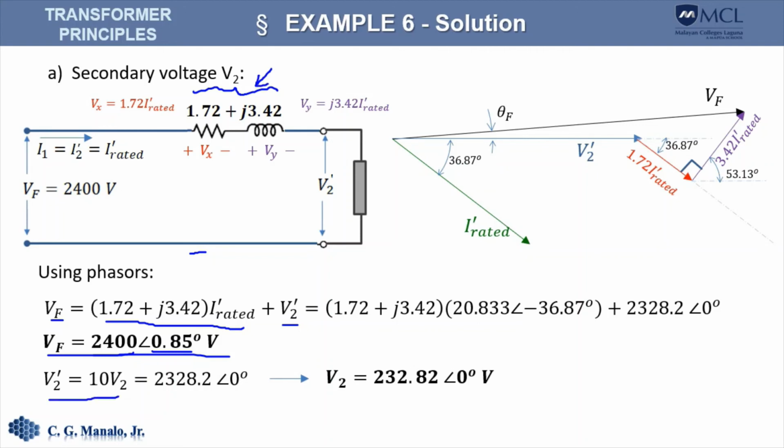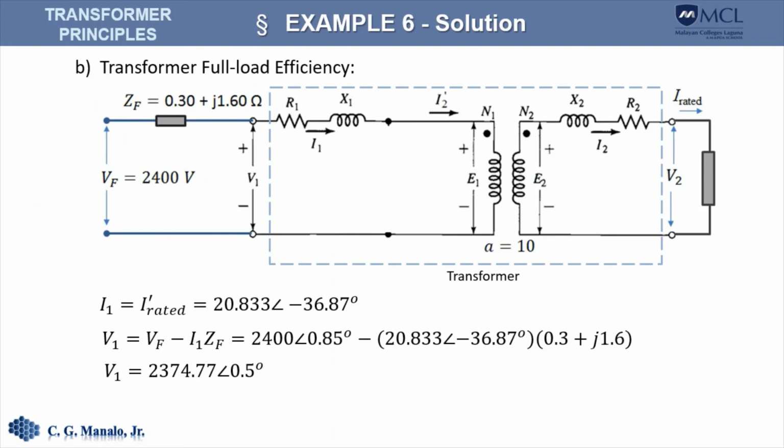Now, since we know that V sub 2 prime is 10 V sub 2, we can then solve for the voltage across the load. So the voltage across the load is approximately 233 volts. We also know I sub 1 because it is actually equal to I rated prime.